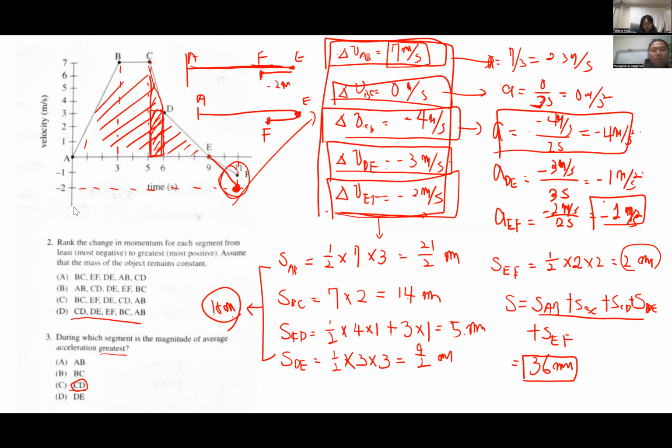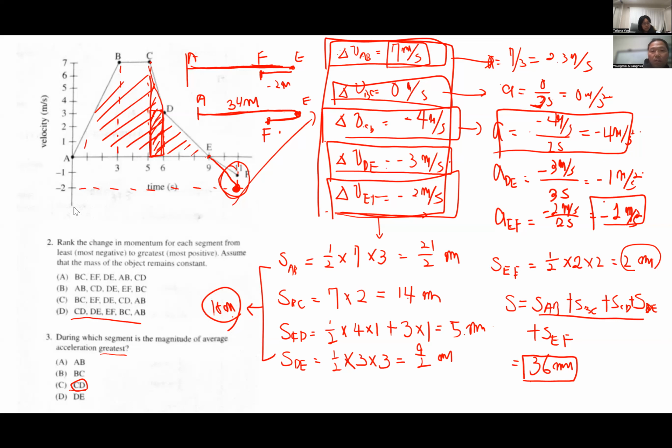So this question asks you a scalar quantity, which is the total travel distance. Then you have to add the magnitude of the displacement from A to E and E to F. So this is 34 meter.